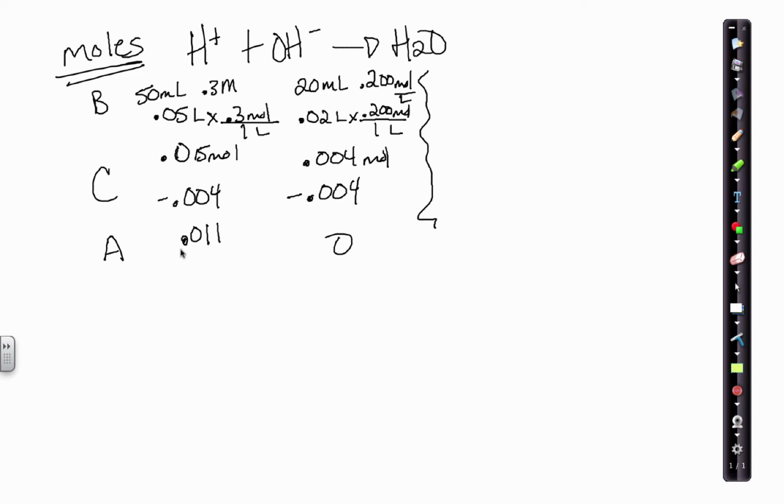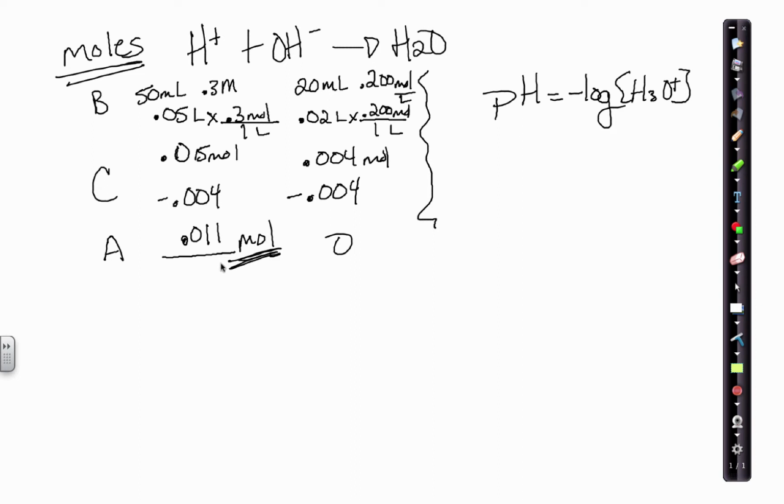All right, so it was asking what is the pH after you've added the 20 milliliters of hydroxide. Well, this is what I have left over. I have hydrogen ion moles left over. So now what I need to do is solve for pH is equal to the negative log of hydronium, which remember is the same thing as hydrogen. But I can't just simply plug it in as 0.011 because this is the number of moles, not moles per liter.